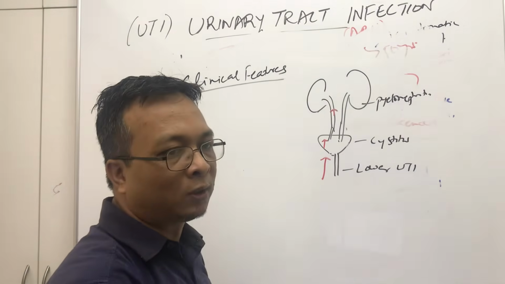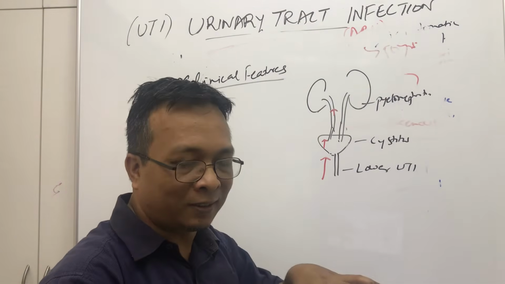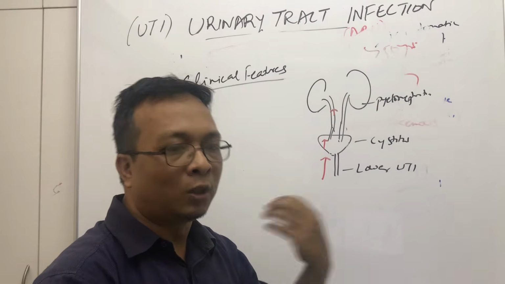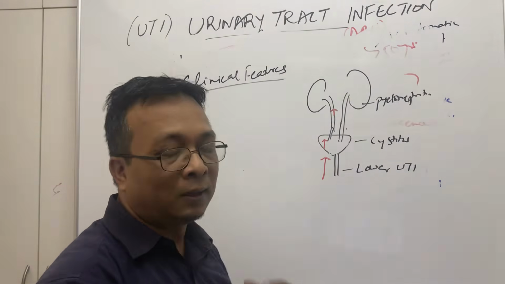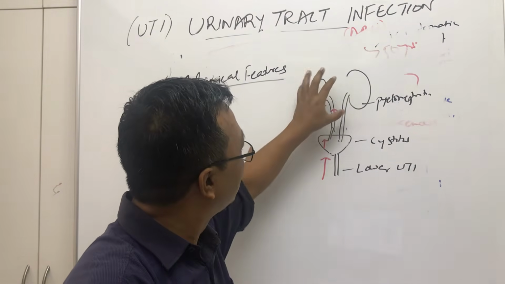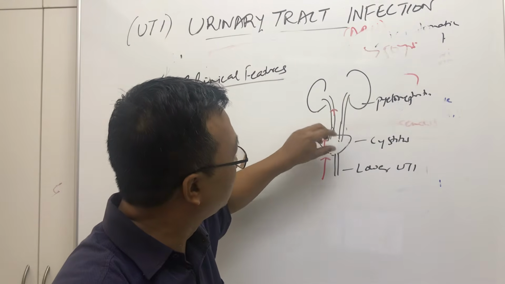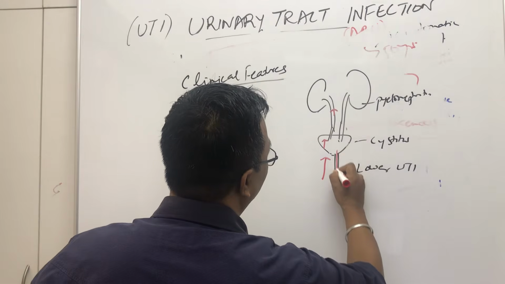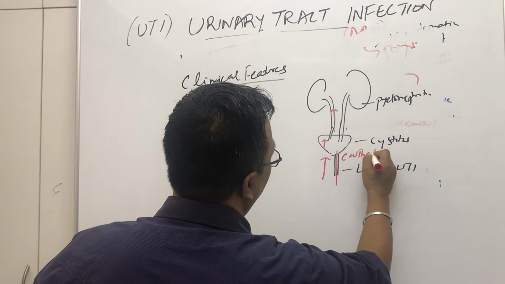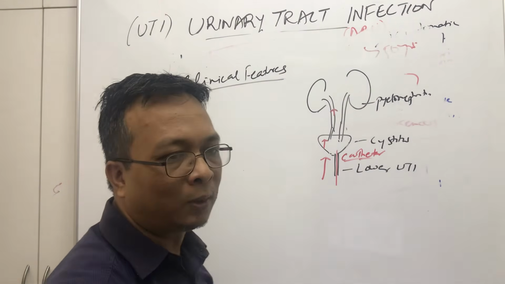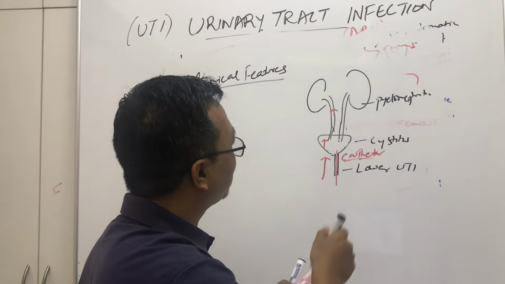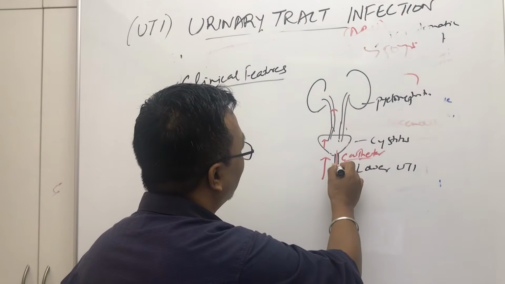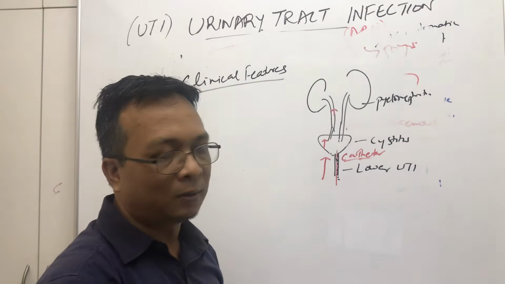So whatever be the cause, any cause when there is urinary stasis, when urine is blocked and not going out, like in any case, whether it is kidney or bladder stones or any foreign element, which I forgot to mention. Sometimes we have to put a catheter. It is also a risk, because you are putting a foreign element here, so there is high chance of bacteria over the catheters.